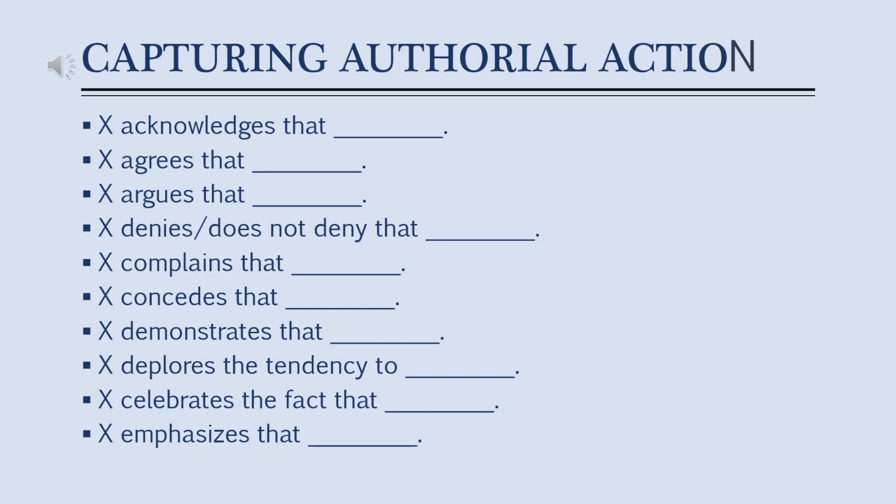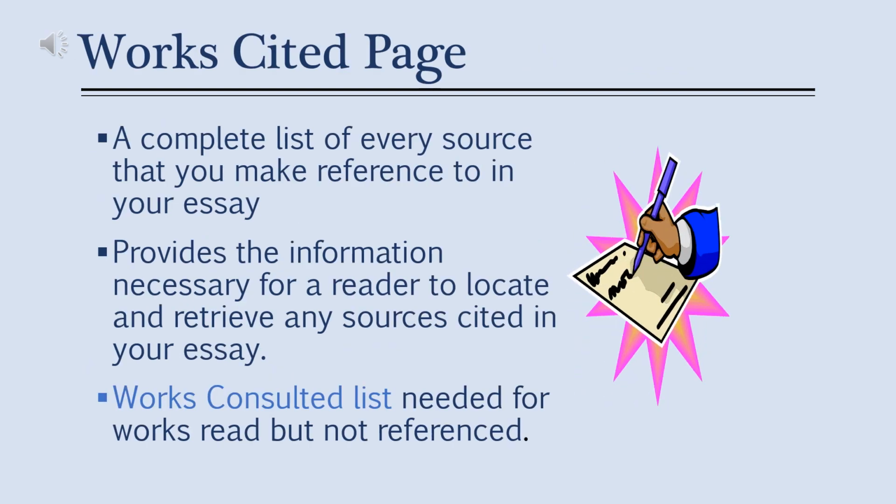We might say our author acknowledges, agrees, argues, denies, complains, concedes, demonstrates, celebrates, emphasizes. Again, these words tell us how the author is seeing the information that they are conferring to us.